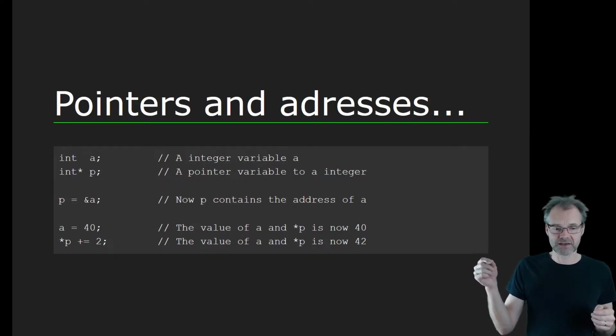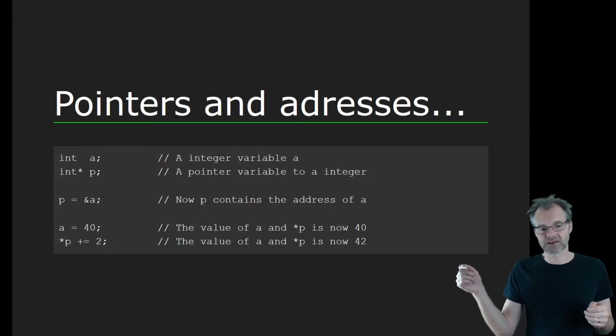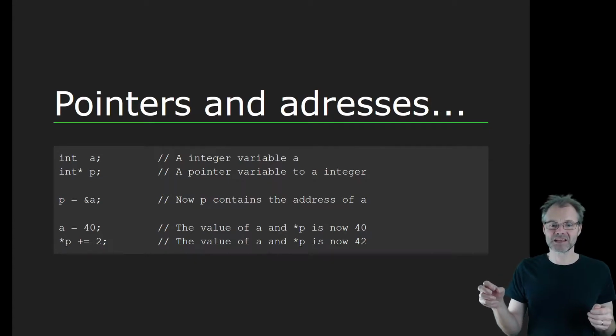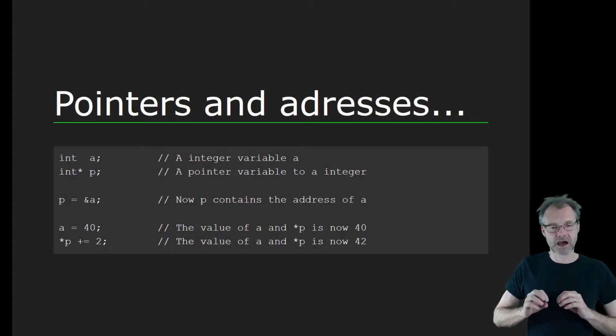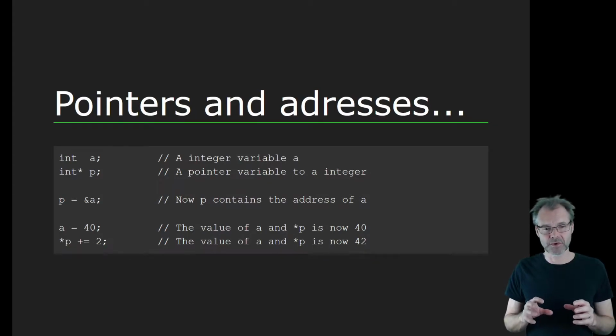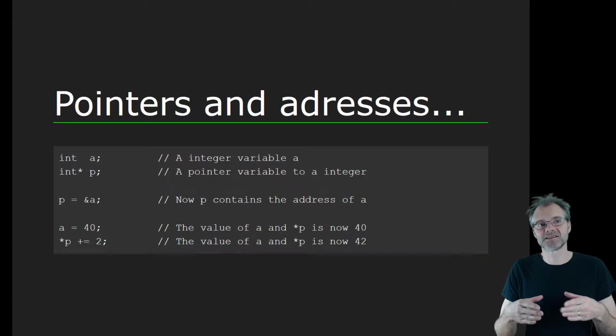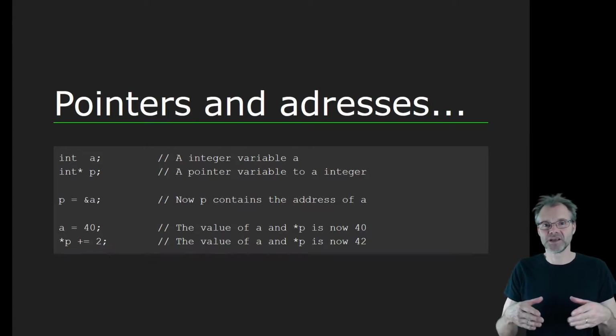So the value that the pointer is pointing at will then be 42, and that is the same place where the A variable has its storage, so A is also 42 now. It's just an example of how a variable and a pointer can address the same memory, change it and read its content.